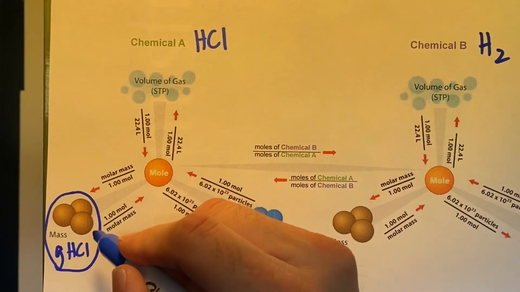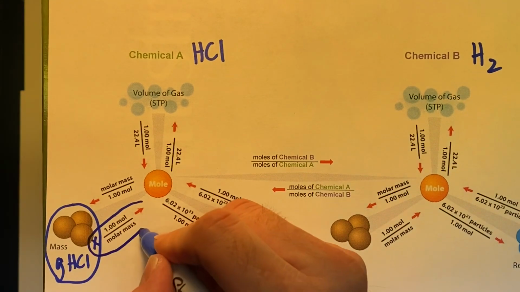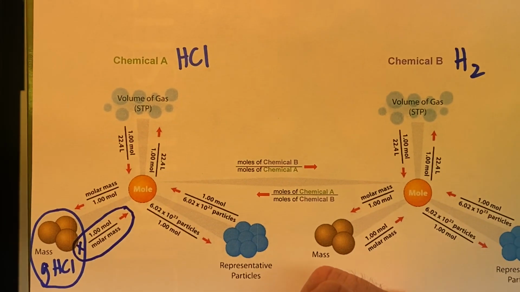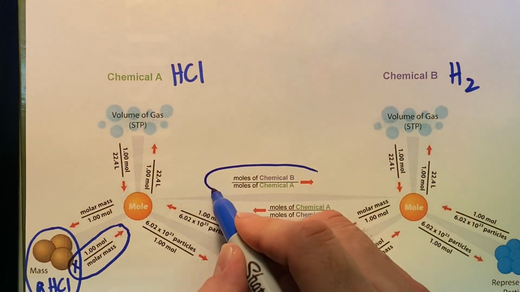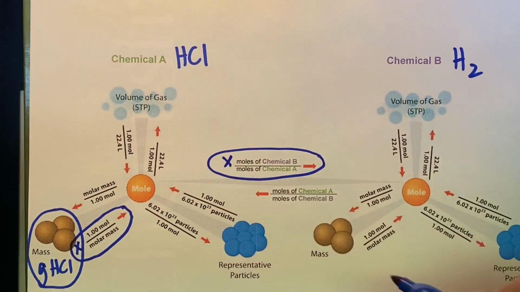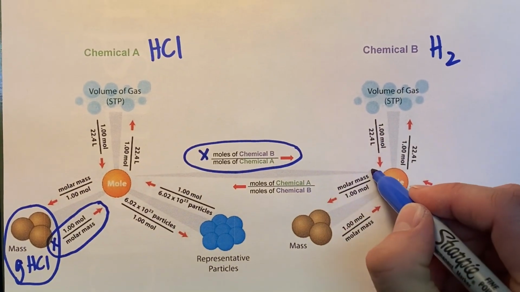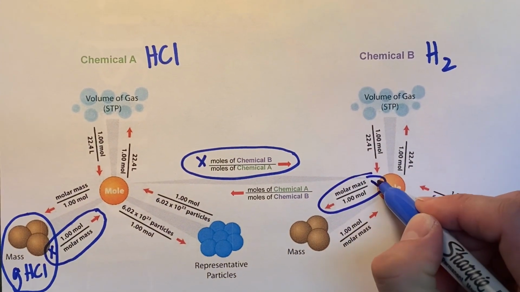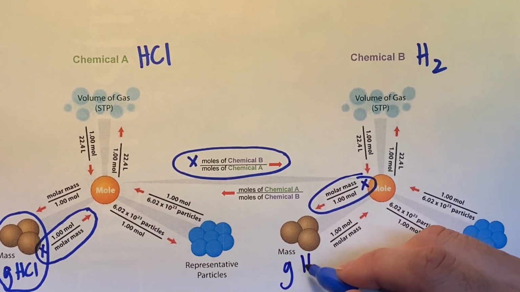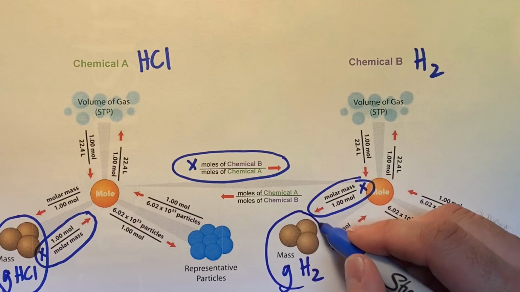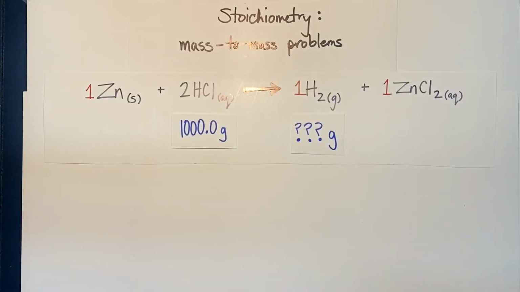We begin by multiplying by this conversion ratio. Then following the arrow, we multiply by the mole to mole ratio. Then following the arrows, we multiply by this last conversion ratio, and that's going to give us grams of hydrogen gas. So I'll quickly run through this.